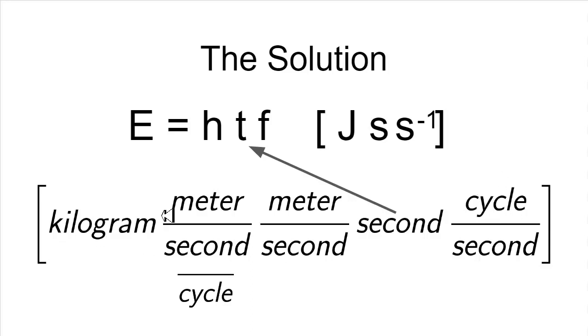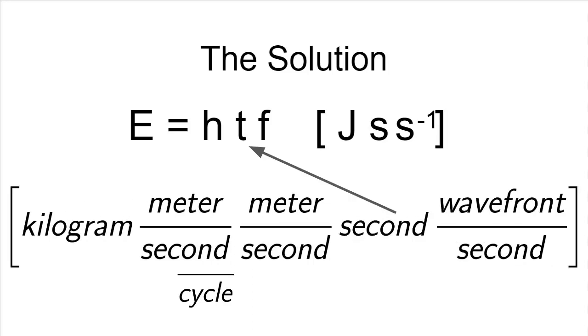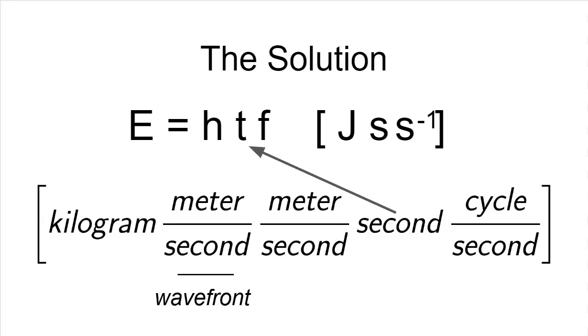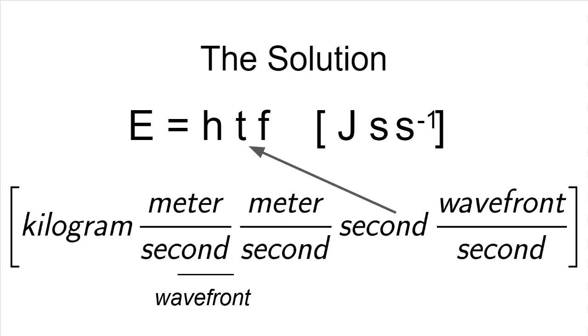And so in terms of light, in terms of this equation, and even in terms of my own particle model, cycle is really wavefront. So cycles per second are wave fronts per second. So the frequency term is how many wave fronts per second are entering the detector, or how many wave fronts per second an atom is generating.